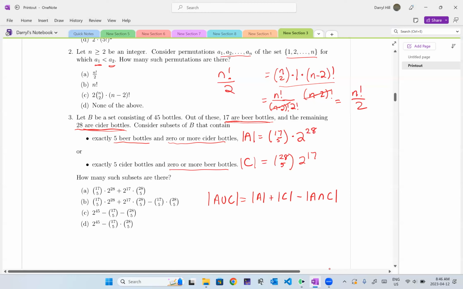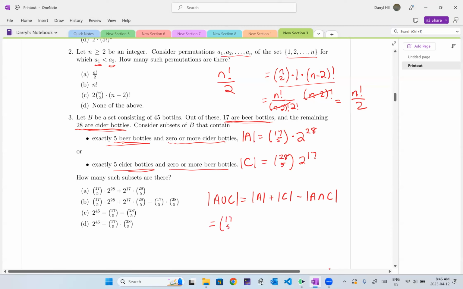Okay, and then A intersect C. That means I have exactly 5 beer bottles and exactly 5 cider bottles. So let's just start writing this out.